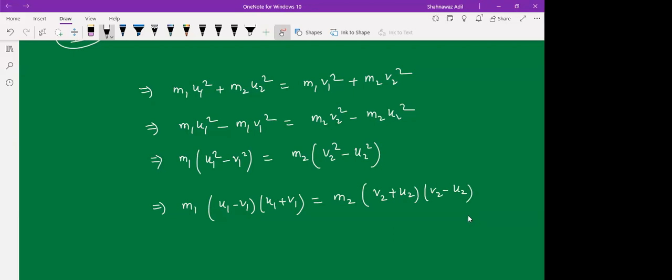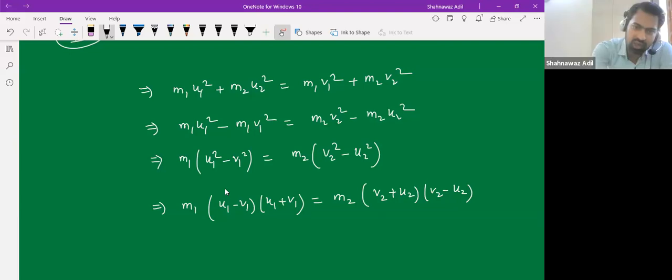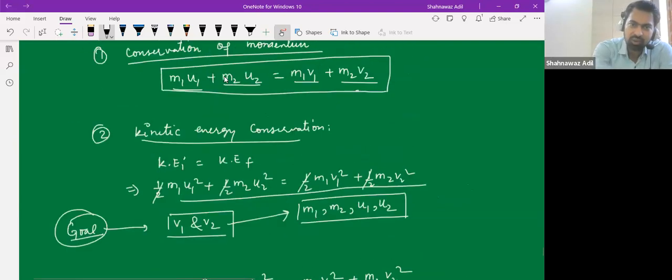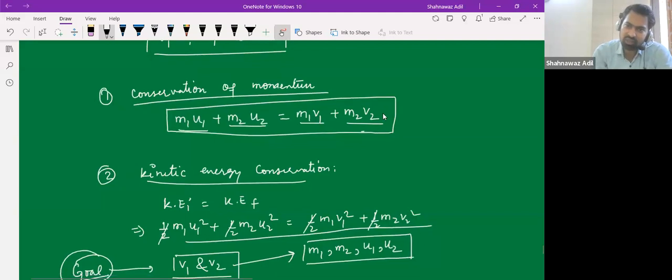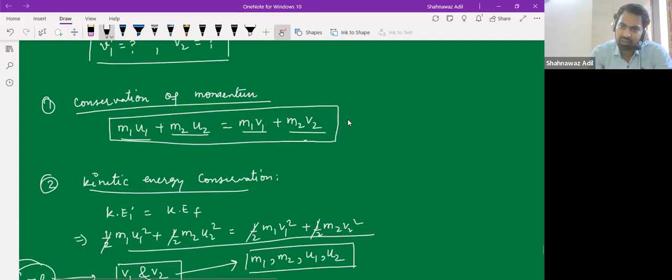So then what can you do from this equation? You can write this equation as m1 u1 minus m1 v1 equal to m2 v2 minus m2 u2.